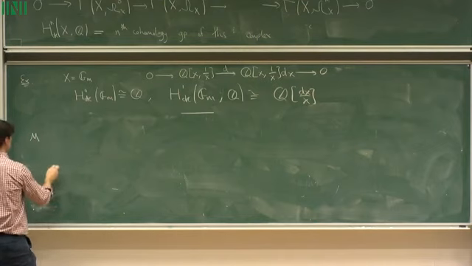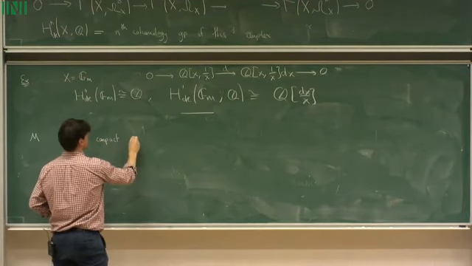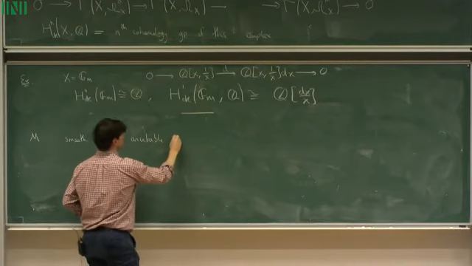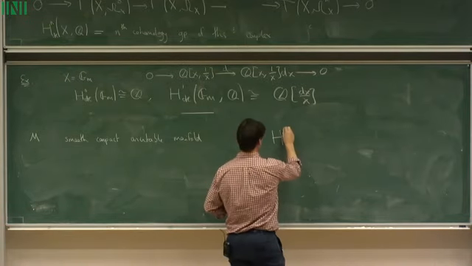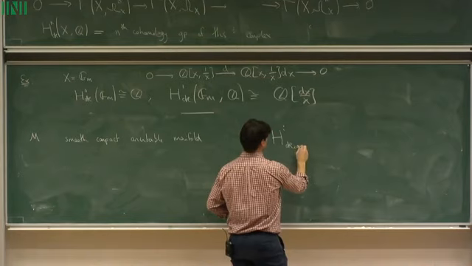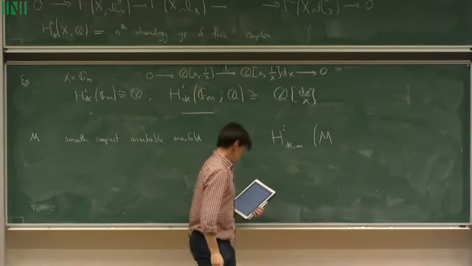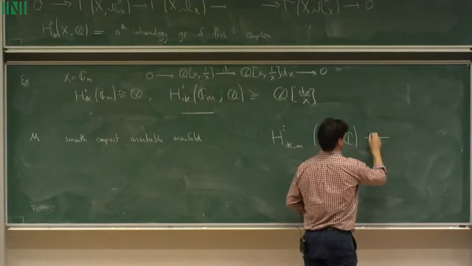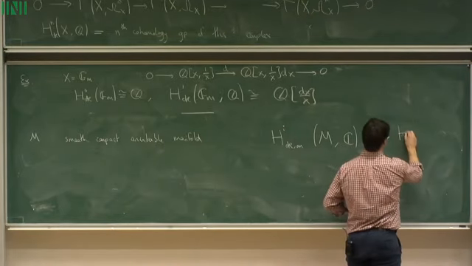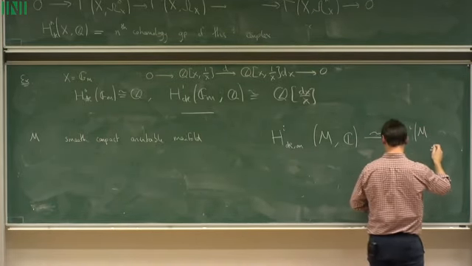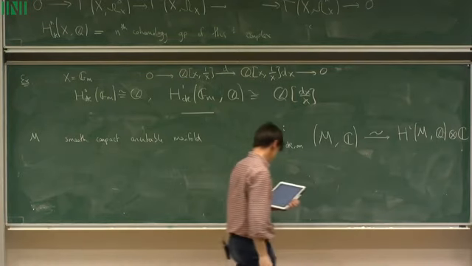De Rham in 1931 showed that for M a smooth, compact, orientable manifold, what he defined as the de Rham cohomology, but I'm going to call it de Rham analytic, since in this context it's clear, but for an algebraic variety you need to specify, is isomorphic to the Betti cohomology.